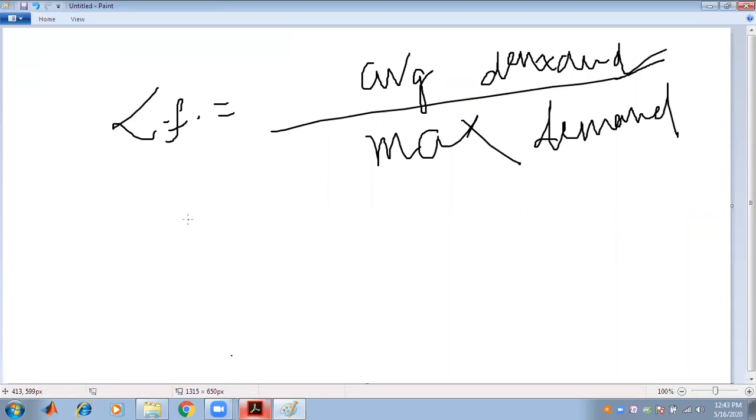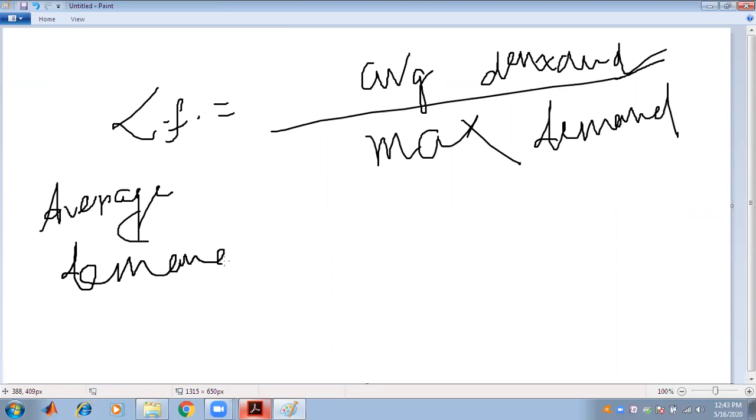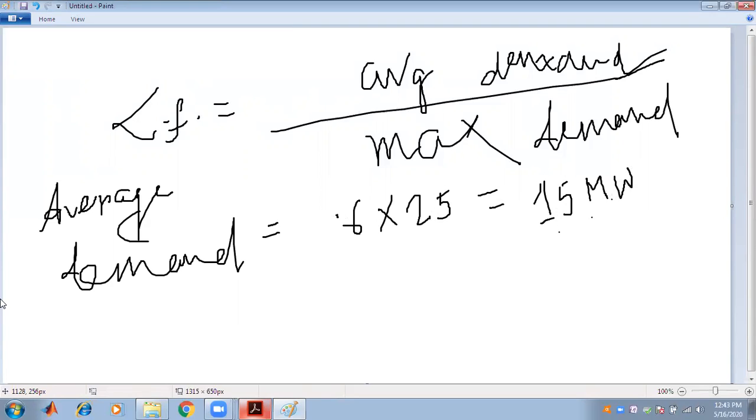So we can find the average demand: the load factor 0.6 into maximum demand 25, so the total is 15 megawatt. 15 megawatt is the average demand of the plant, and we have to find the reserve capacity of the plant.